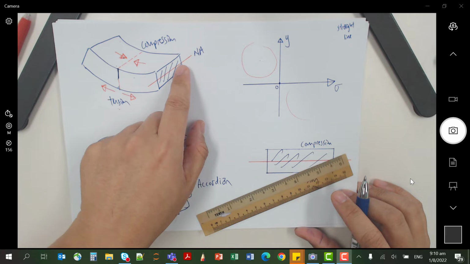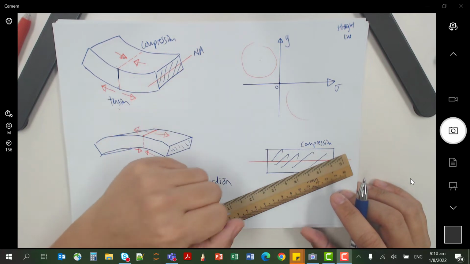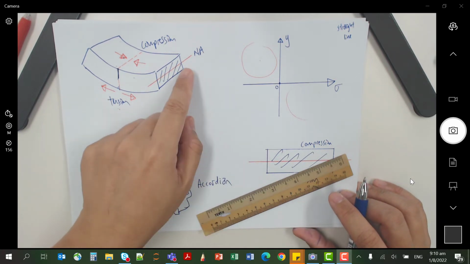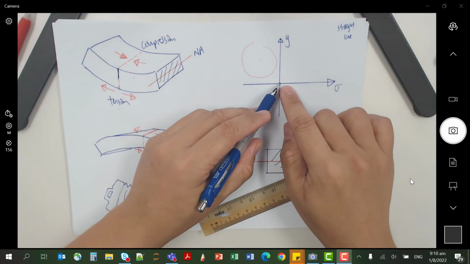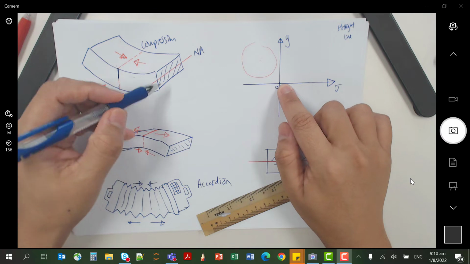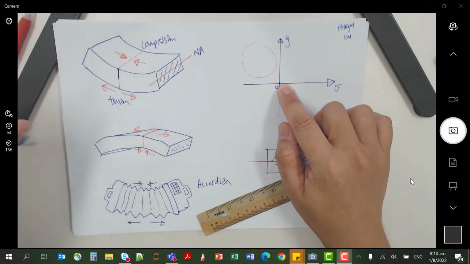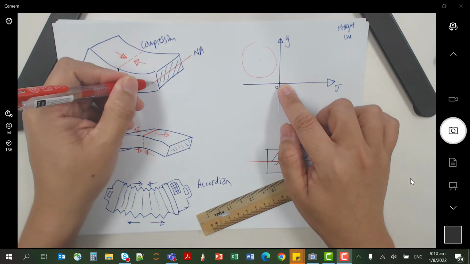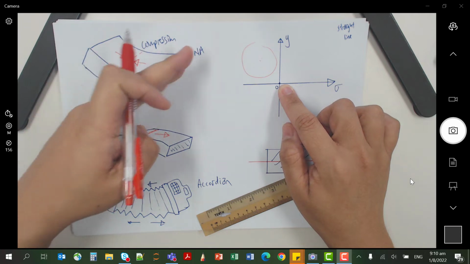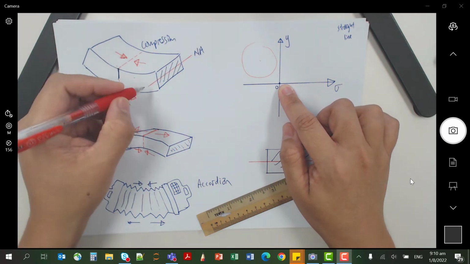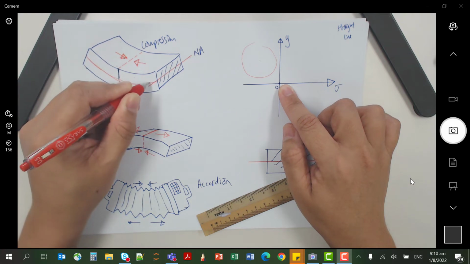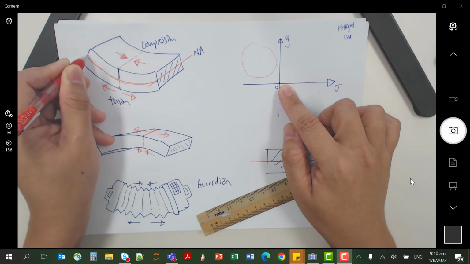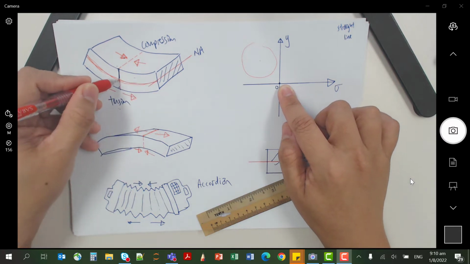This line is where there is no stress, sigma equals 0. This point, where sigma equals 0, is along this line, which is this height. If I draw this line across the whole length of the beam, it's going to look like this.